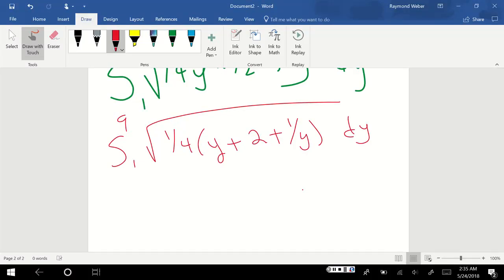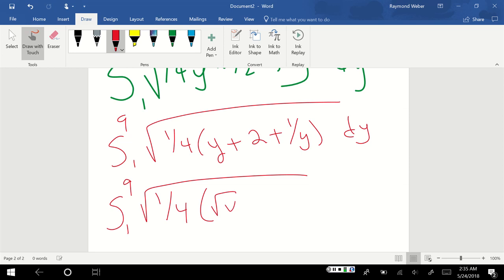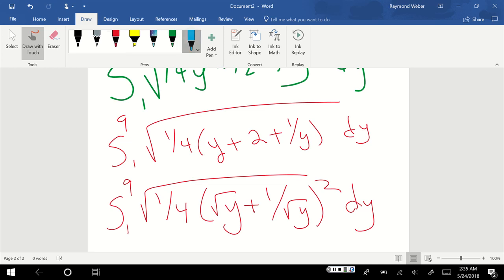Now, at this point, this is a perfect square binomial. And this is one of those things you just kind of got to play with until it works. Chances are, if you look at this, it's going to factor somehow. You just have to figure out how.